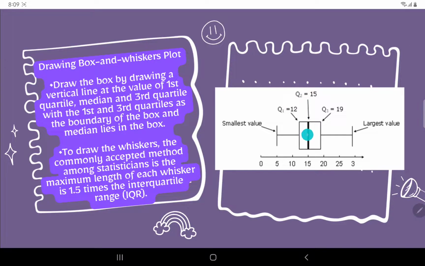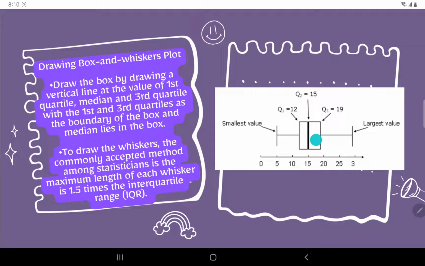Okay, the vertical line at the left side of the box. Okay, this is the box. The vertical line at the left side of the box represent the location for Q1, first quartile, and the vertical line at the right side of the box, okay, represent the location for third quartile.